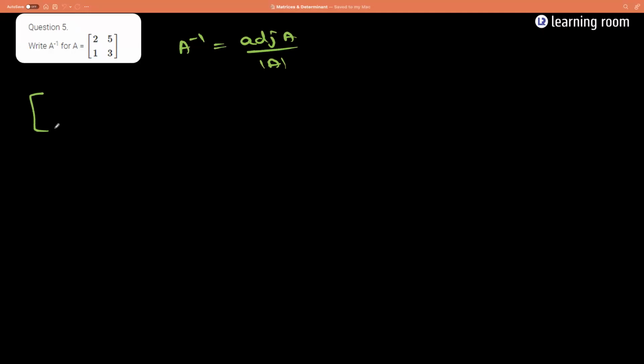Now the adjoint divided by determinant, which is going to be 1.